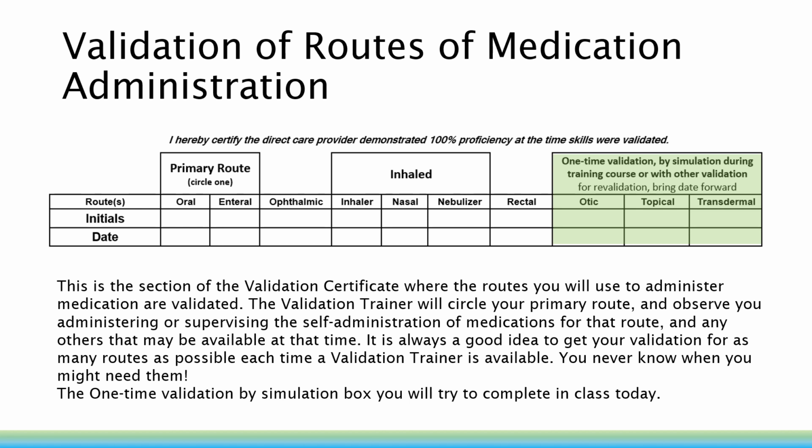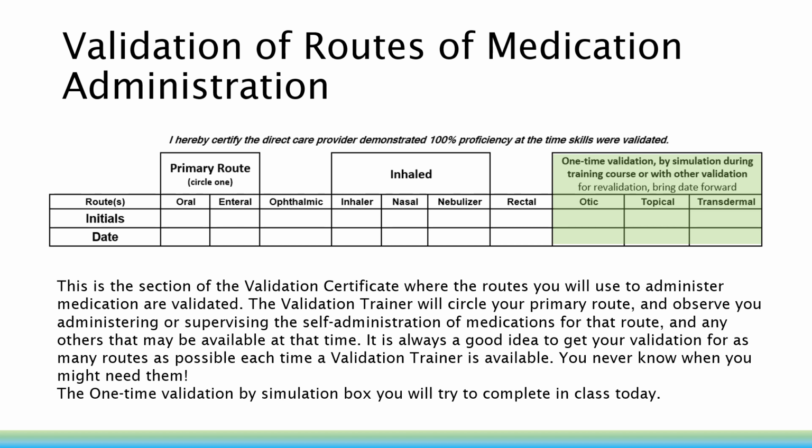The right one-time validation by simulation box you will try to complete in this class today. And you're going to have a new validation, for the primary, simulated routes can be brought forward. That means we can bring the date we have in the old one to the new one.